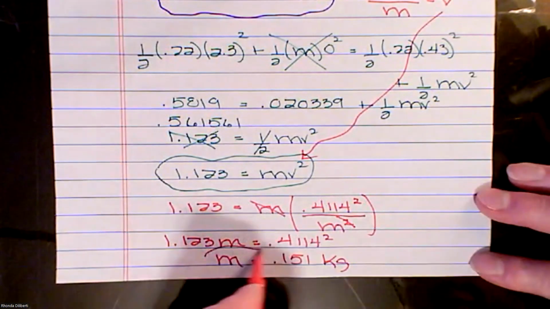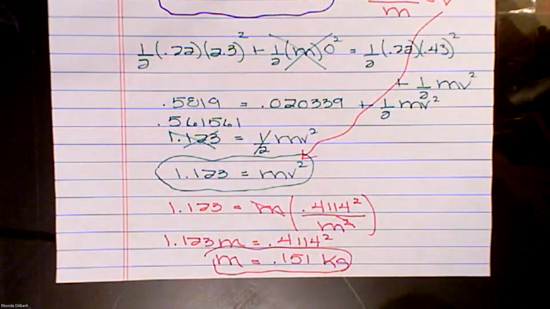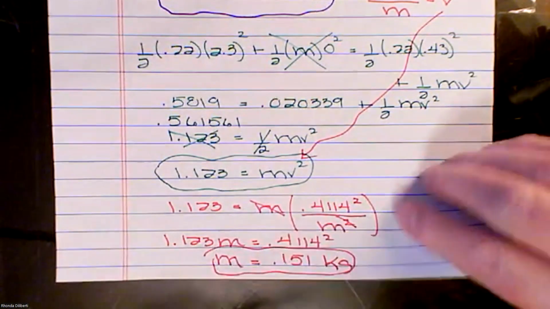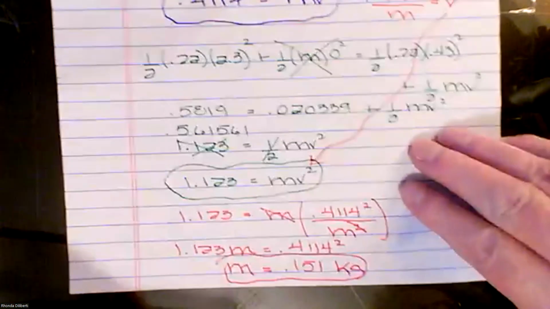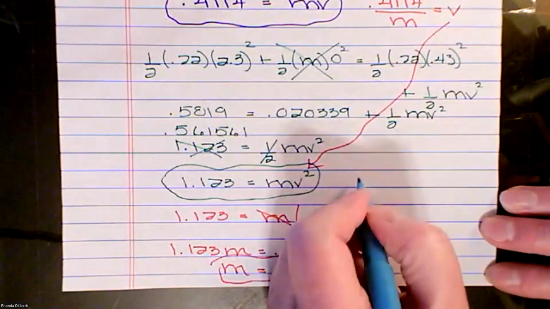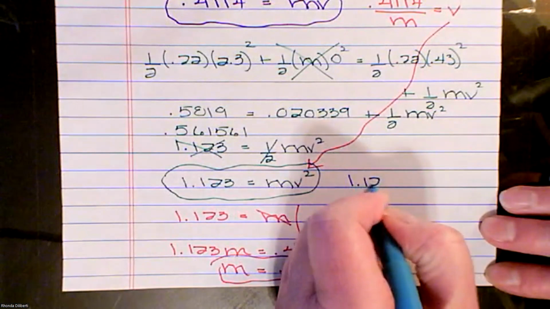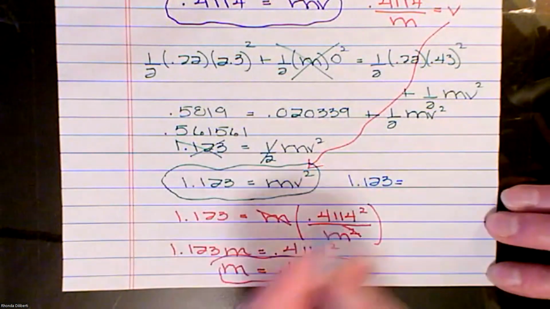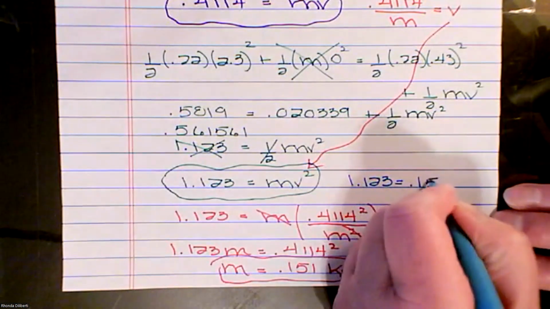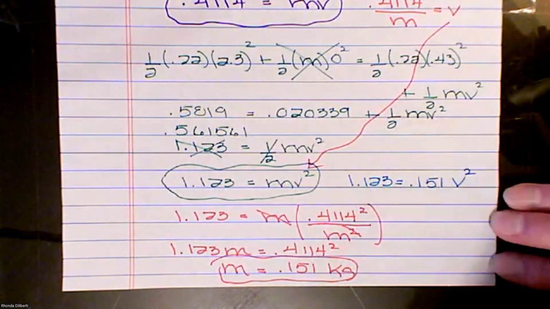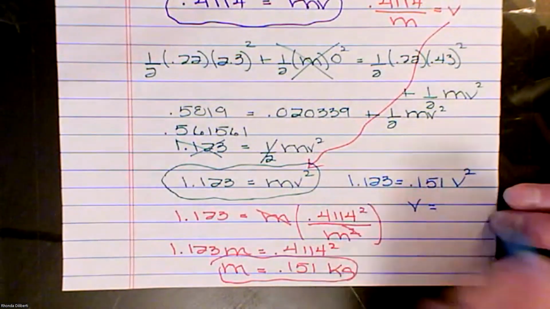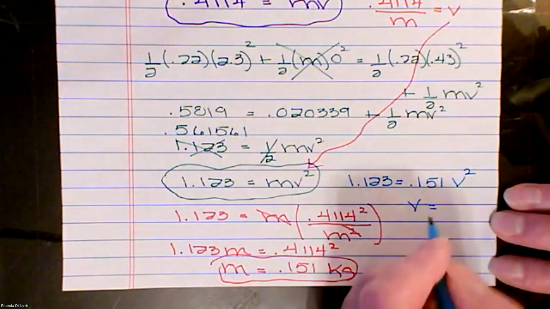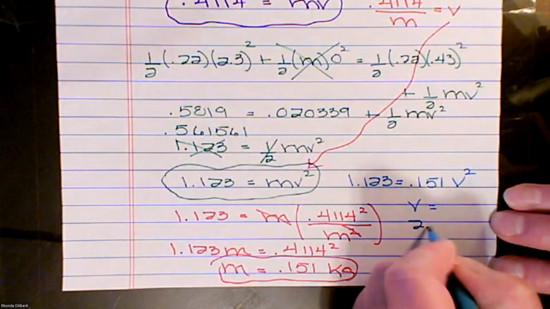That's what I needed. And now that I know the mass, I can plug it into either one of my equations. I'll pick the green one here because it's convenient. 1.123 equals this mass, 0.151, times v squared. And then I can solve for v, and I get 2.73 meters per second.